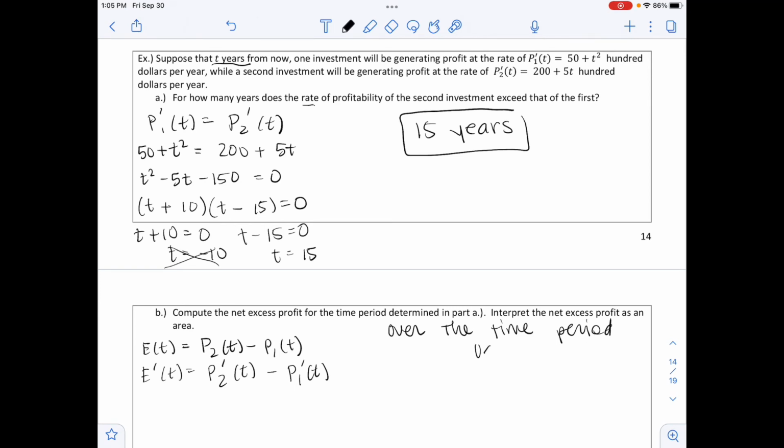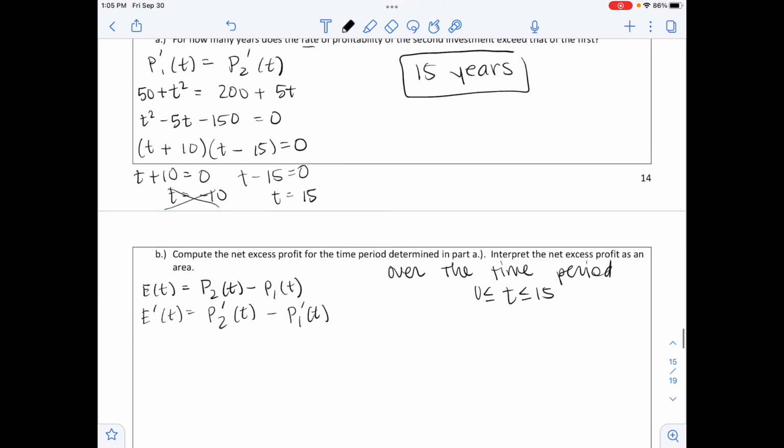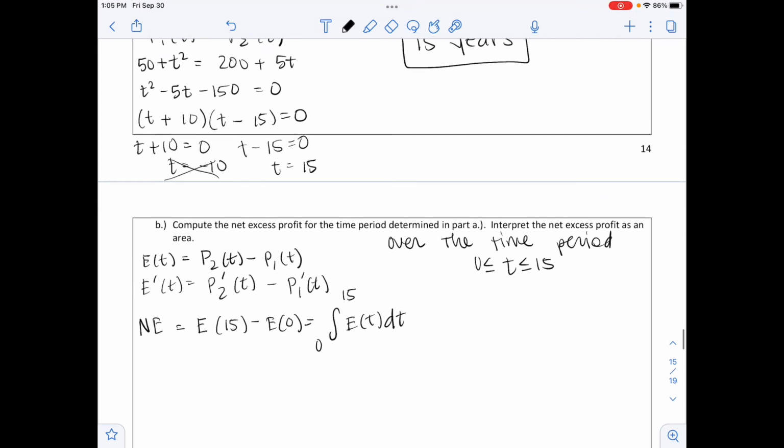from 0 to 15. And so then our net excess from the formula up above is going to be equal to E of 15 minus E of 0, which is going to be the integral from 0 to 15 of E prime of t dt. And again, that's from that formula that we had listed up above.